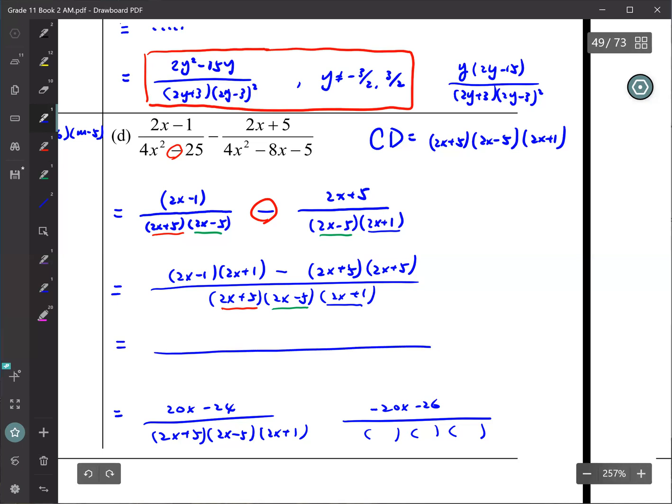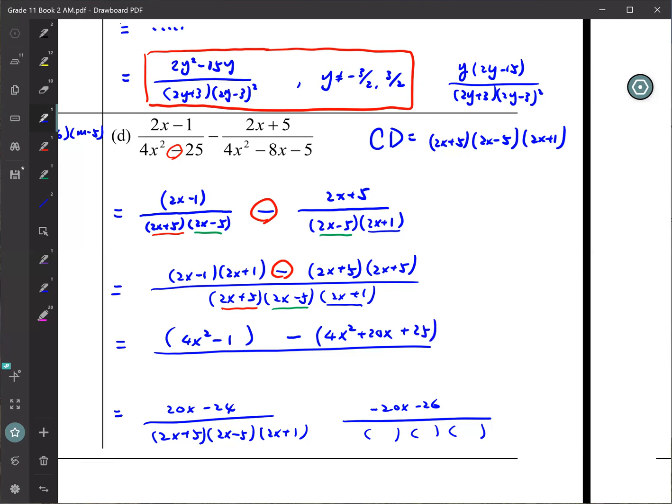But because of the subtraction in the middle, I'm going to keep it outside first. Okay, first one will be 4x squared minus 1. That's a difference of squares. The second one is 4x squared plus 20x plus 25.